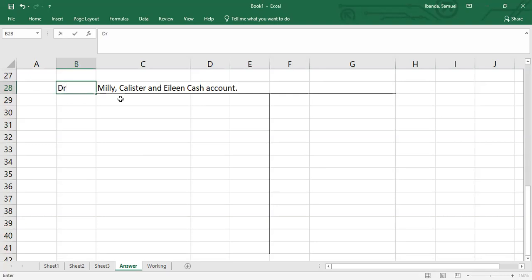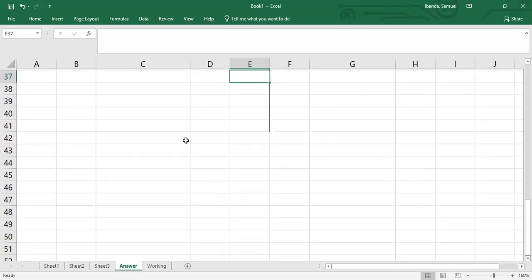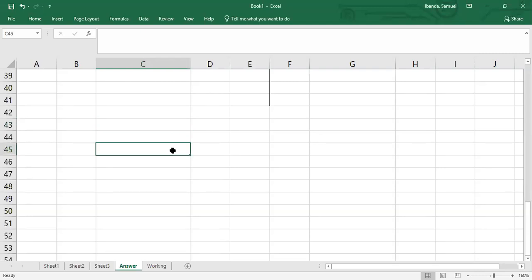Of course, it has a debit, it has a credit. Okay, and I'm also going to work in UGX 1000s. Let's also draw up our capital account. What will happen?